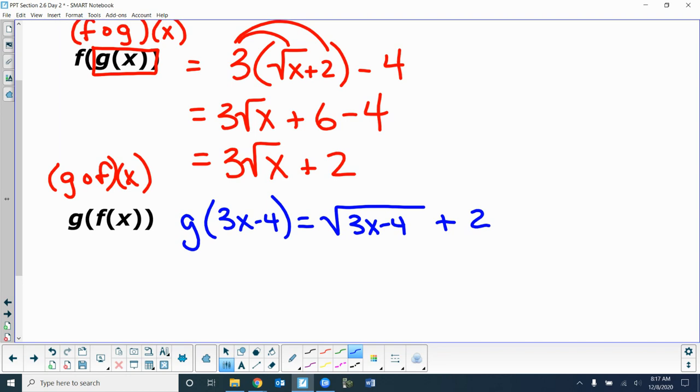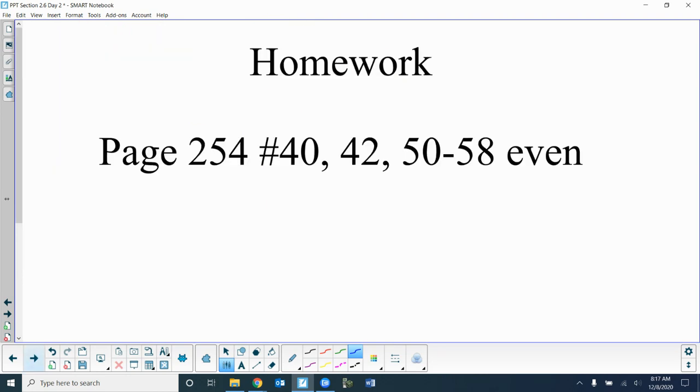If that was a perfect square under there, or if I could factor it maybe, but you can't factor the 3x minus 4. Okay? So when you got the numbers, you actually find an answer. When you got the variable x, you're just putting one function into the other and then simplifying. Does that make sense? Basically, yes. Simple, right?